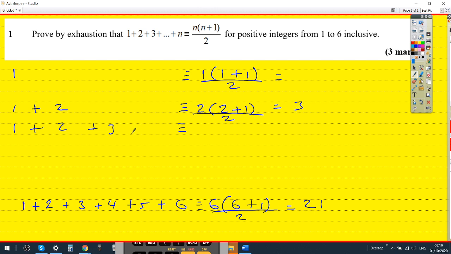For the next one, I do 3 times 3 plus 1 over 2. I got 6. Okay, for 4, I sub 4 in, and I got 10.